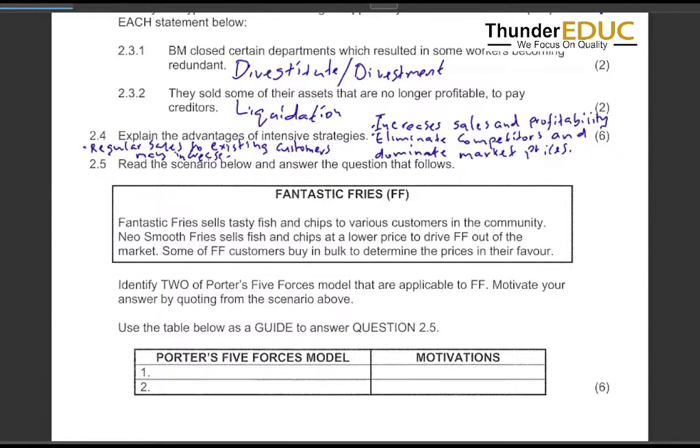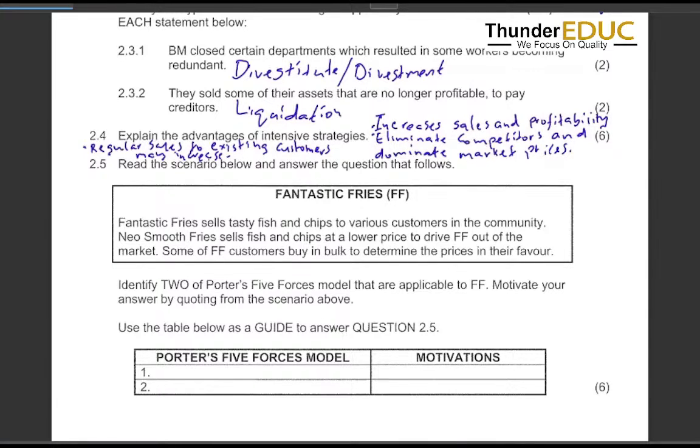Okay, so now you're saying that the advantages of intensive strategies, one of the advantages, we are saying that increases sales and profitability. The second one, eliminate competitors and dominate market prices. The last but not the least, regular sales to existing customers may increase.